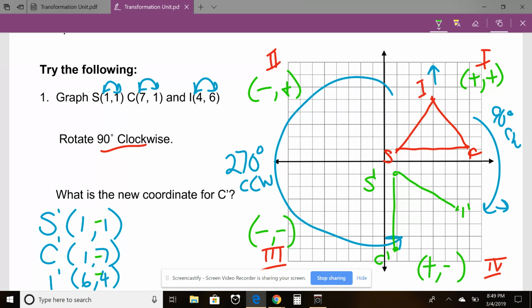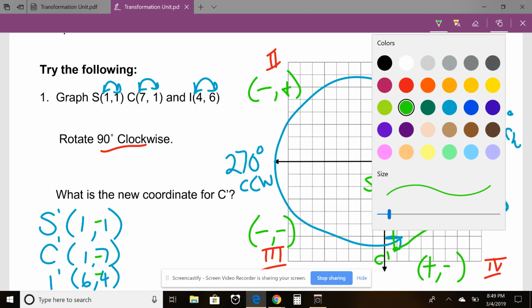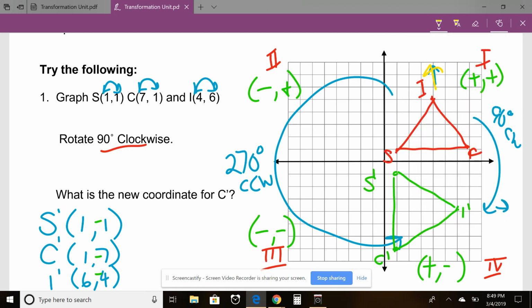And just like I said before, my I, which was facing up before, is now facing right. So it turned 90 degrees. Not only does it turn 90 degrees where it's at, it's rotated about the origin. So it's going to move to the next quadrant.